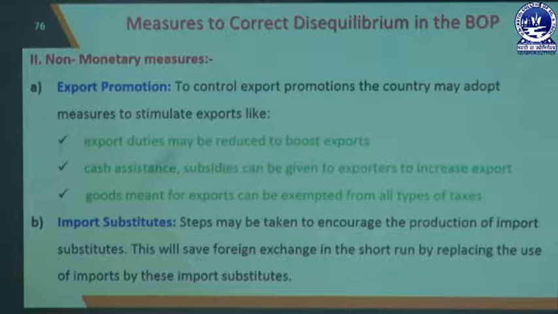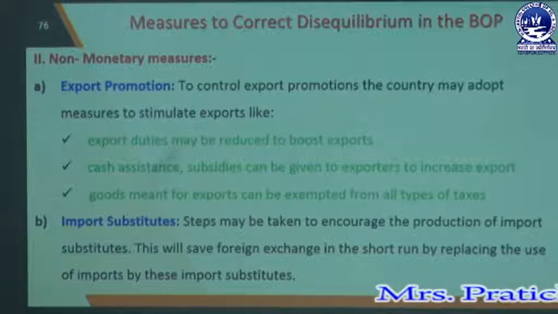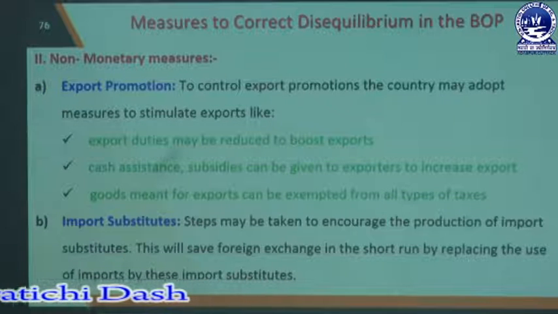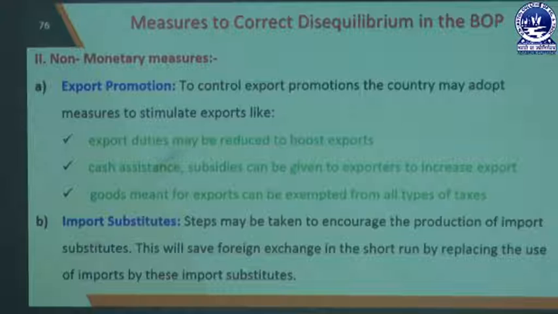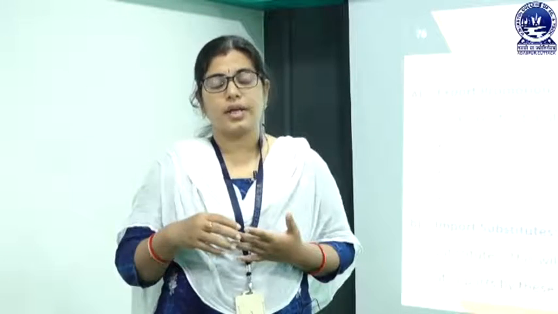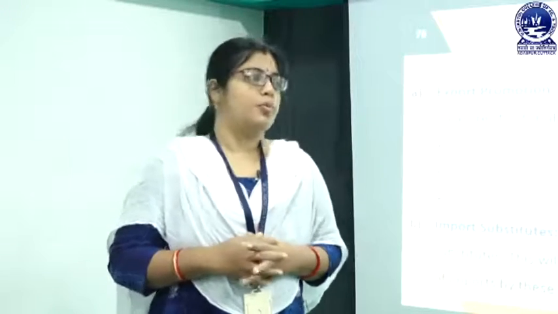The country may adopt measures to stimulate exports, like reducing export duties to boost exports. When a country reduces the taxes on exports, exports will be boosted, and that is the major measure of export promotion.